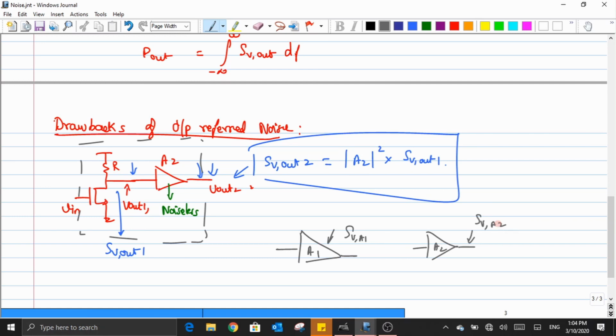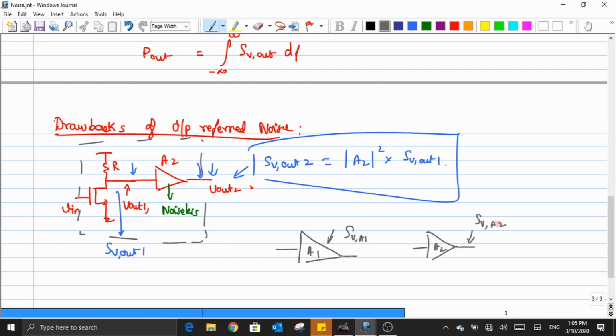Now when I compare, does this comparison actually make sense? Are you clear with my question? I have two circuits and I'm trying to compare the noise produced by each, and each circuit has different gains. In such a situation, does comparing the output noise make sense or not? That is the question.